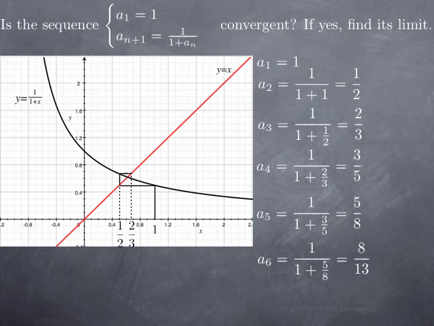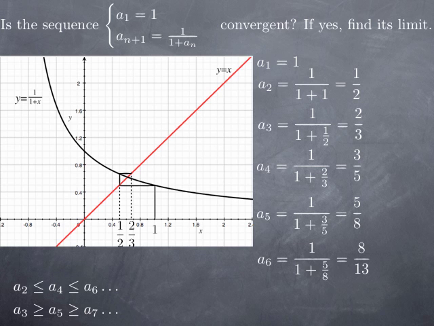In any case, you can see already on the picture and also on the values that we're going to have this spiraling type of situation, spiraling around the fixed point. Specifically, you see that a2, which is 1/2, is less than or equal to a4, 3/5, right? 3/5 is 0.6, which is itself less than or equal to a6, 8/13.